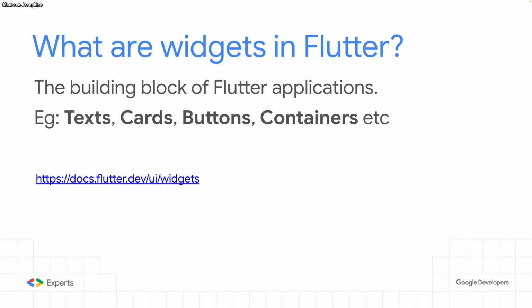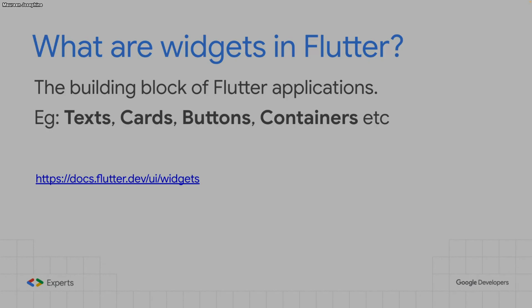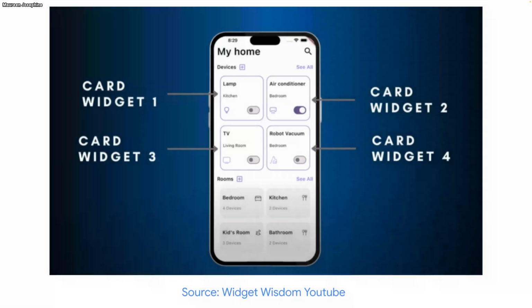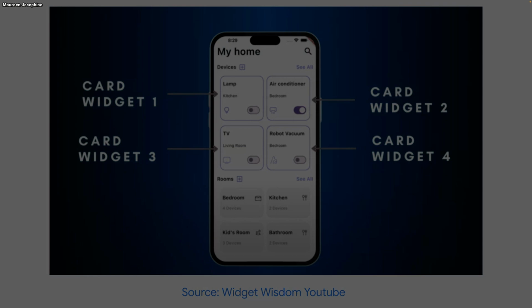In your free time, if you are fully new to this, feel free to check the official Flutter docs on UI widgets. What we mean by building blocks is what makes up the entire application. For example, in this previous screen, you can see we have different texts, different containers, different icons. All these put together are the building blocks of an application, and this is what widgets are basically.